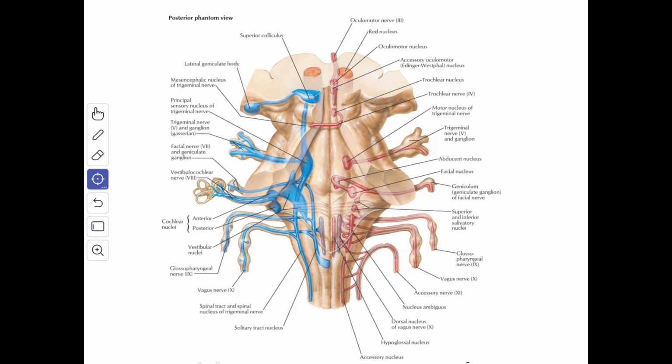The preganglionic fibers from the superior salivatory nucleus pass to the submandibular ganglion through the nervus intermedius, geniculate ganglion, facial nerve and its chorda tympani branch. The preganglionic fibers from the lacrimatory nucleus reach the pterygopalatine ganglion through the nervus intermedius and the greater superficial petrosal nerve.